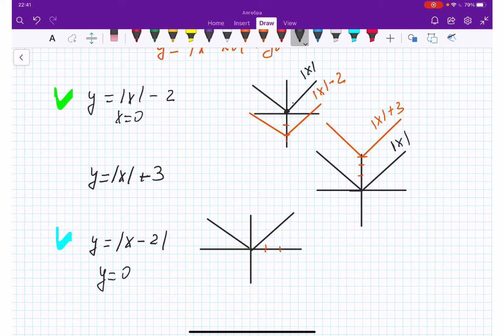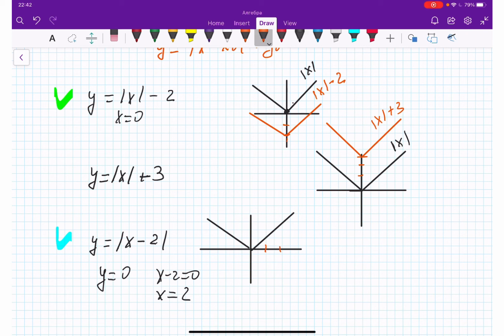And you are getting x minus 2 equals 0 and x equals 2. This is why x is always shifted in the opposite direction. And y shifts in the direction it is given. Negative 2, then y will go down by 2. If y has plus 3, then move up by 3. Unlike x, if x is given as x minus 2, it's going to go towards positive 2.